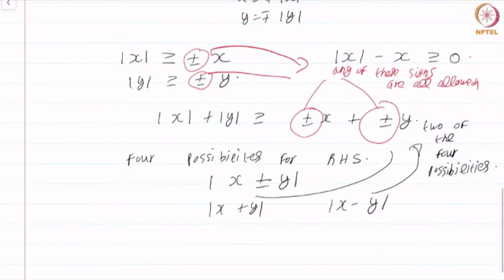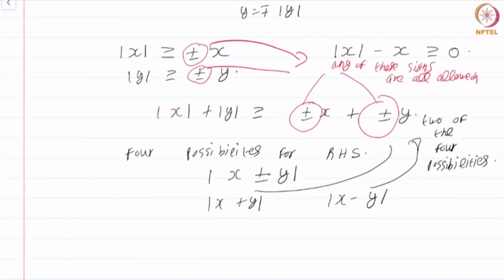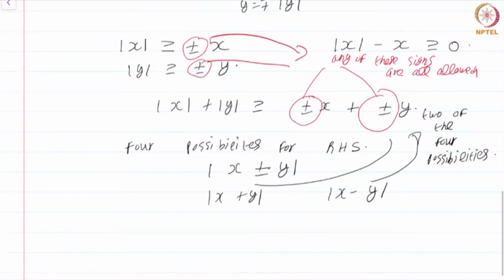So check that 2 of the 4 possibilities here are indeed going to be modulus of x plus y and modulus of x minus y. That means we immediately get both. We immediately get mod x plus mod y is greater than or equal to mod x plus y, and mod x plus mod y is greater than or equal to mod x minus y.